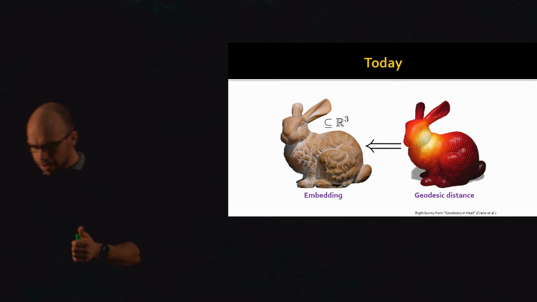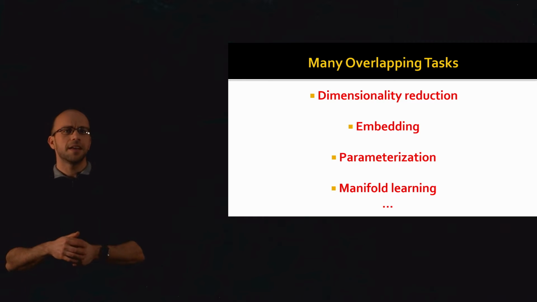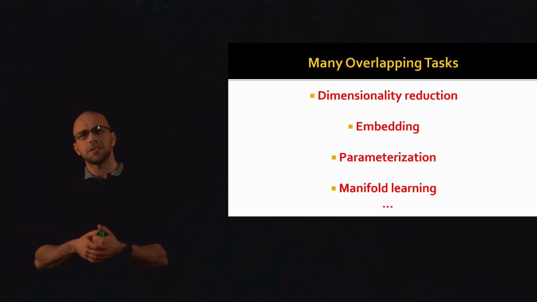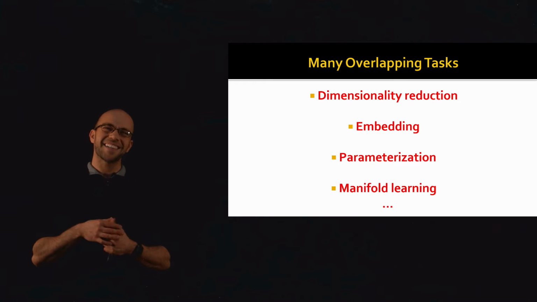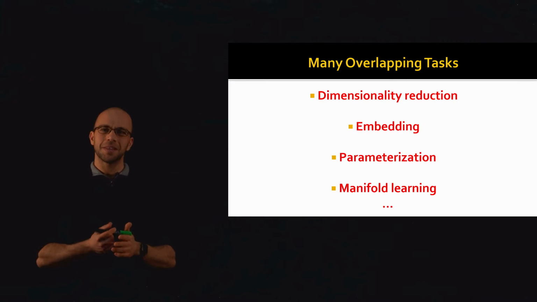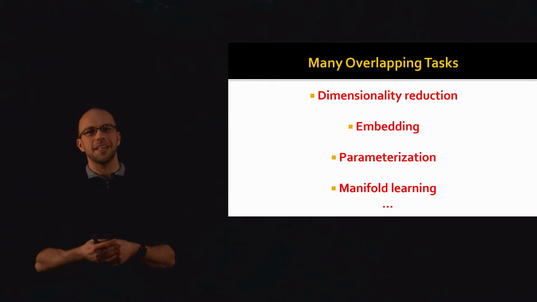Now, this basic task comes with many different names, and most likely you've seen one if you've taken, for example, a machine learning or statistics course, right? There are many different overlapping tasks that all have to do with taking some metric, similarity, distance structure, and embedding it into a geometric space.